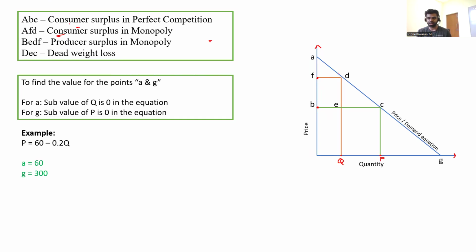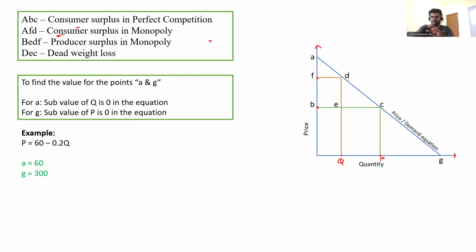AFD, this smaller triangle, is called the consumer surplus in monopoly. And this rectangle, BEDF, is called the producer surplus in monopoly. And this DEC is called the dead weight loss.